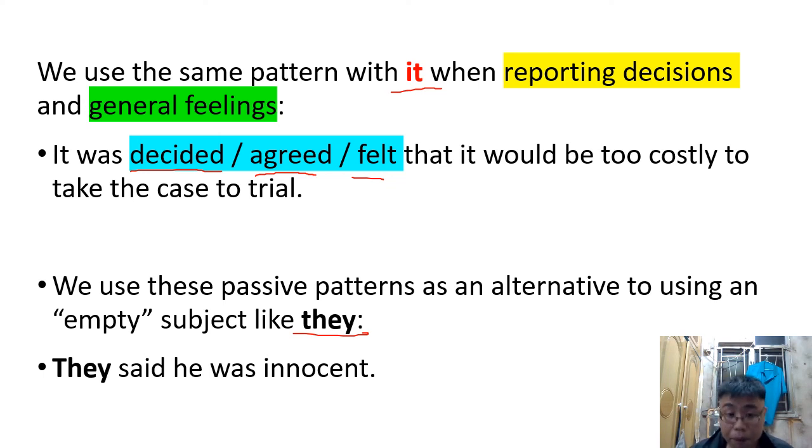That means the focus is on the that-clause. Who did it is not important here. "They said he was innocent." The most important message is he was innocent. Who said it is not important. But anyway, we put an empty subject "they" here.